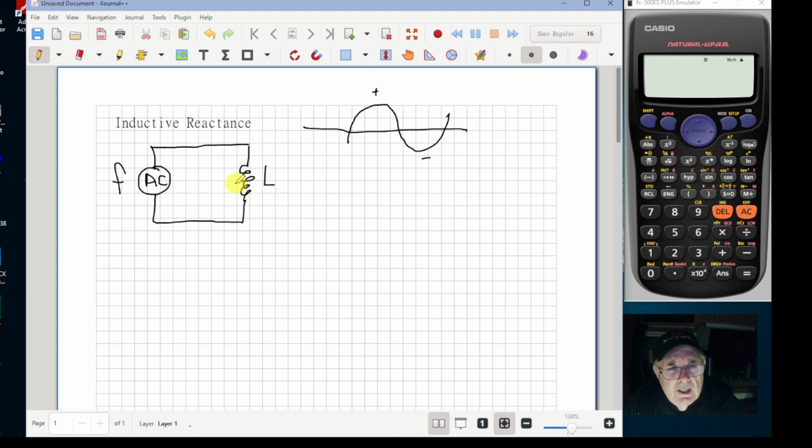It takes a finite amount of time for the field to build up in this coil. And notice that as we go through our cycle, it's building up this way, it gets to the top, then it starts collapsing, it goes to zero, and then it starts building the opposite direction until it gets back to zero again.